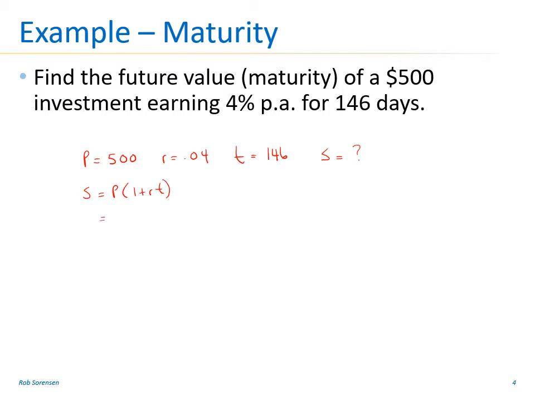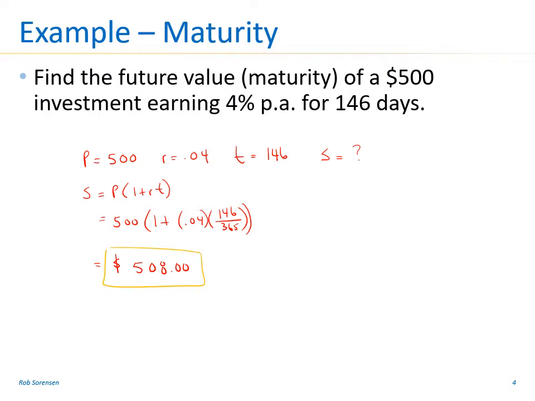In this case, that's 500 times 1 plus 0.04. And here I'll do my conversion. Convert the days to years by dividing by 365. And I end up with that. And then if I do that calculation, get it all put together, I get $508 exactly.